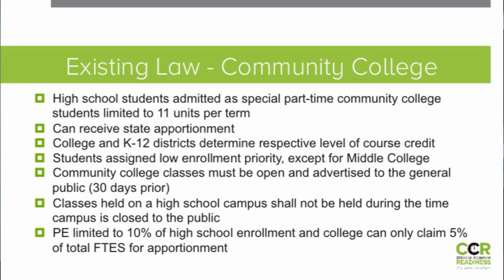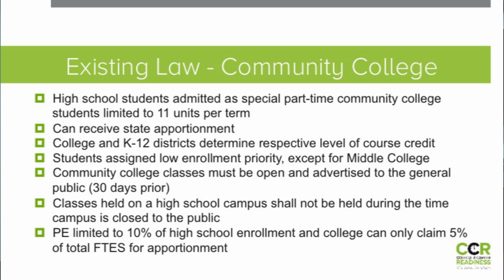So as we talk about students that might want to take a summer session course, or students that want to take an impacted course or a high demand course like an English course or a math course or a history course, it's going to be difficult perhaps for them to take that course at some colleges because they will have a low enrollment priority and they may have to try and crash the class in order to get in that course, which is a great lesson in grit and being a savvy student and learning how to navigate that process.